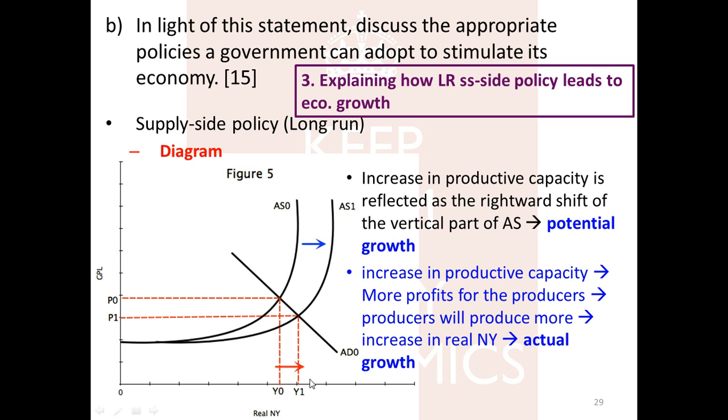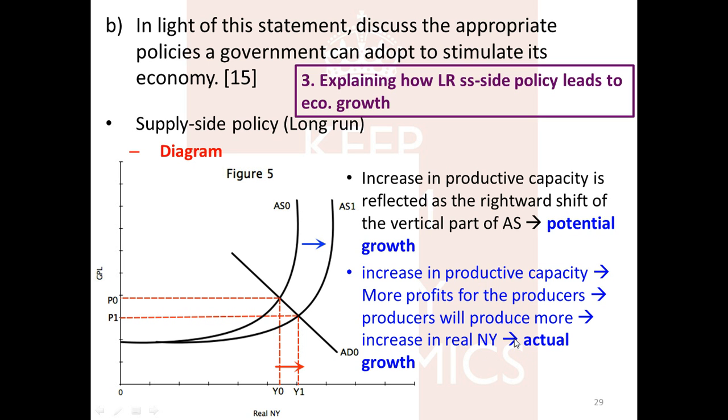Okay, so when there is an increase in productive capacity, again, firms make more profits. Now, notice it is always related to profits. Okay, firms make more profits, they are willing to produce more to maximize their profits. Therefore, there is an increase in real national income and actual growth.